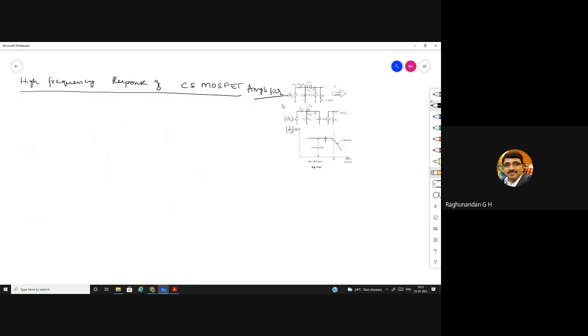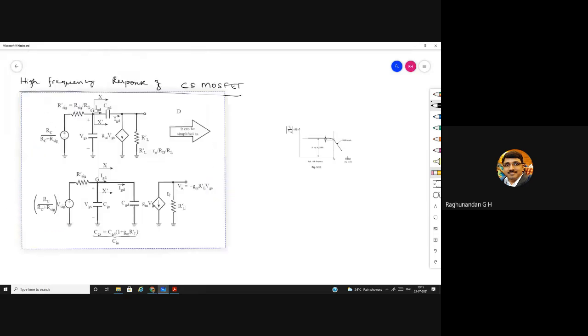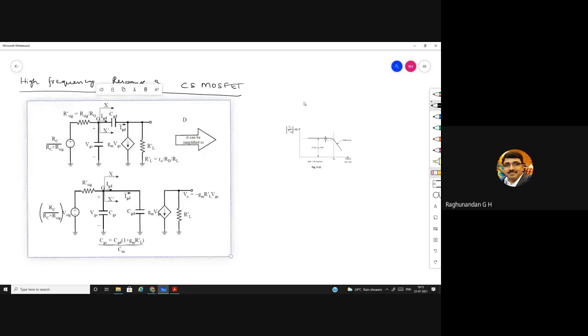So now we'll look at how we are going to simplify this circuit into a smaller one and write the equation. First is the input signal.